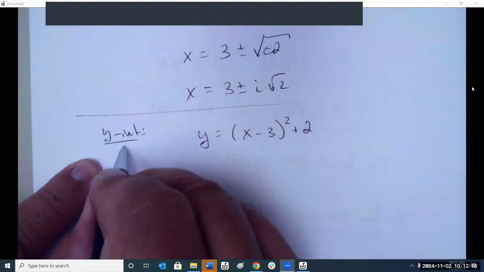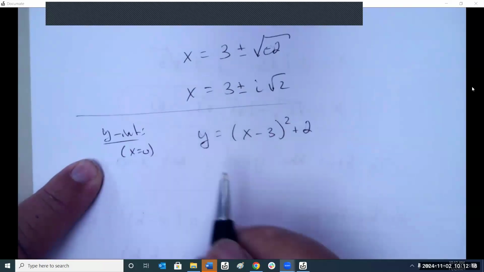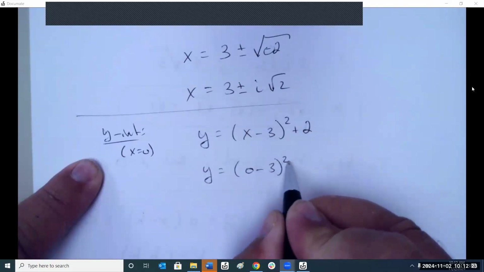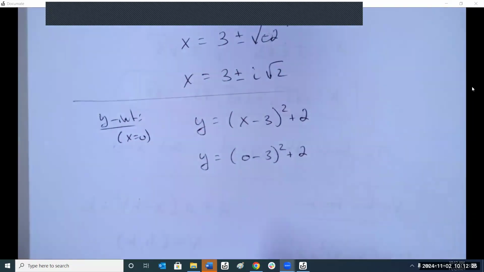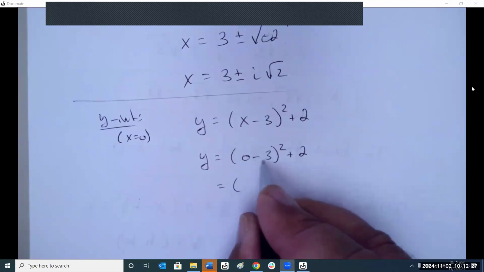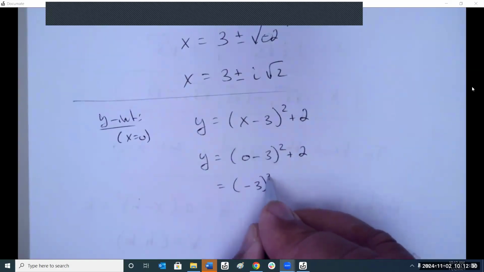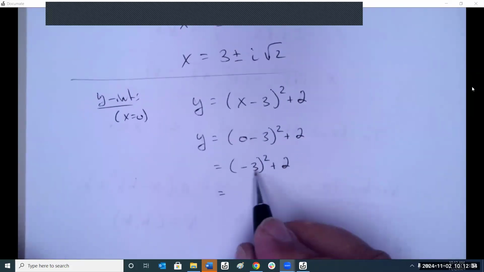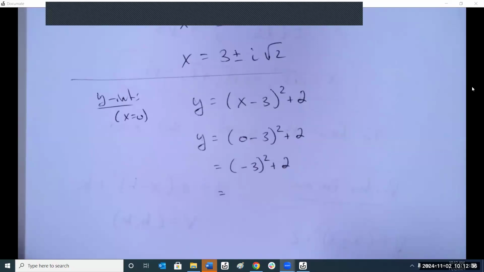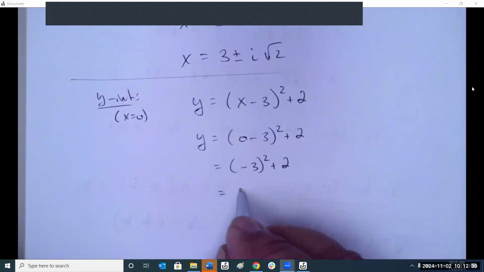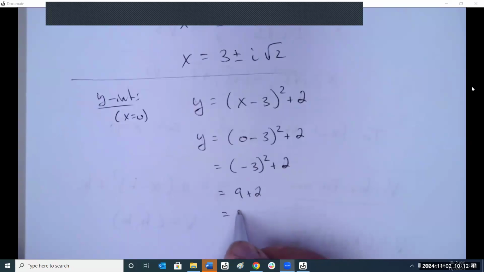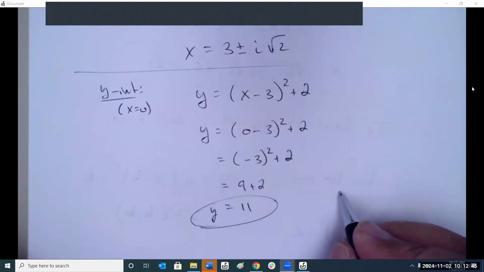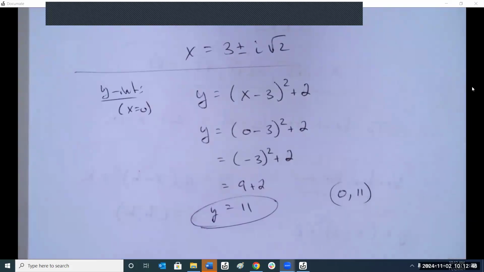Get rid of the x, so set x equal to 0. 0 minus 3 squared. 0 minus 3 is -3 squared. -3 squared is +9. Plus 2 is 11. So the y-intercept is at 0, 11. Right, it's at 11.